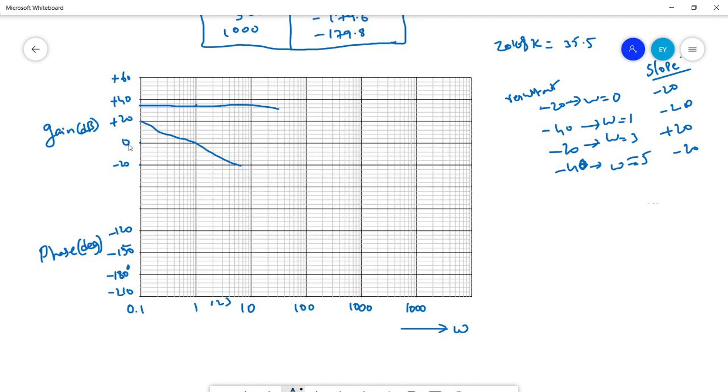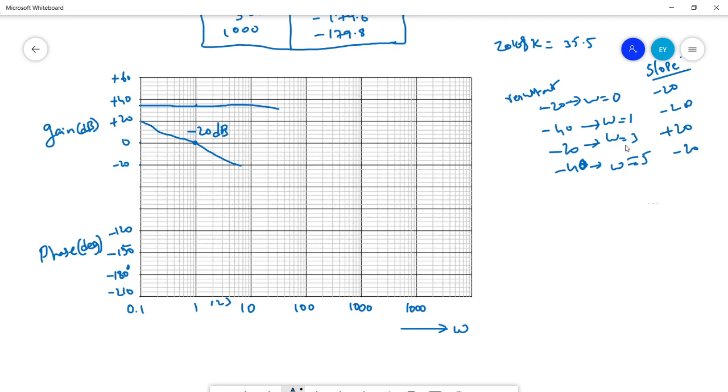So at 0 dB, this pole is crossing omega equal to 1 and contributing minus 20 dB. This is minus 20 dB, right? Then the next one is at omega equal to 3.